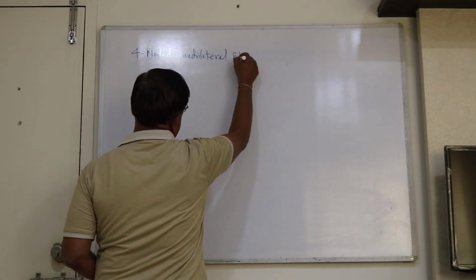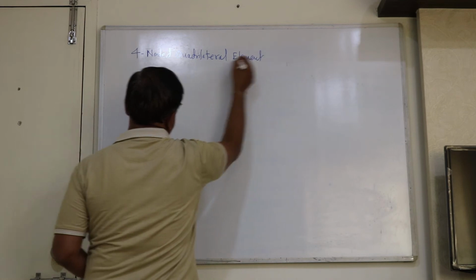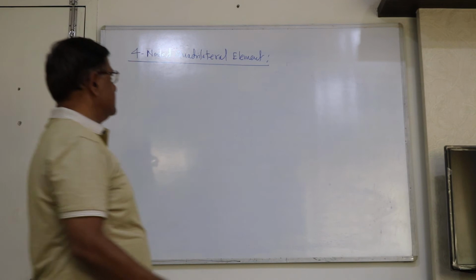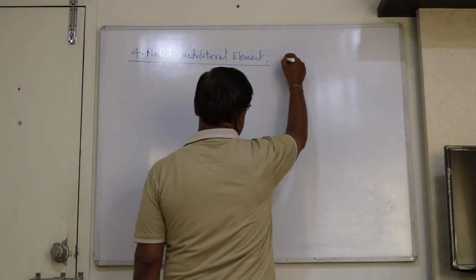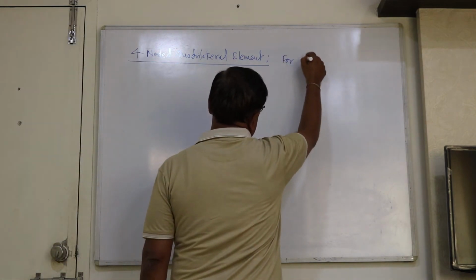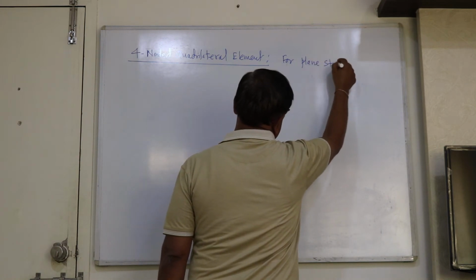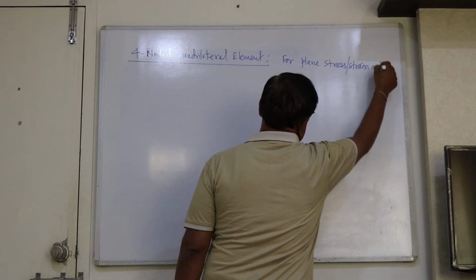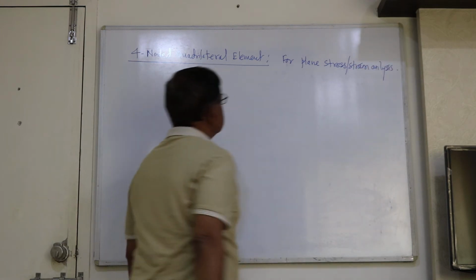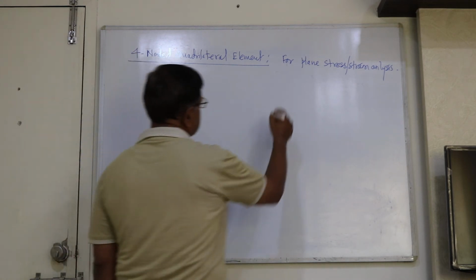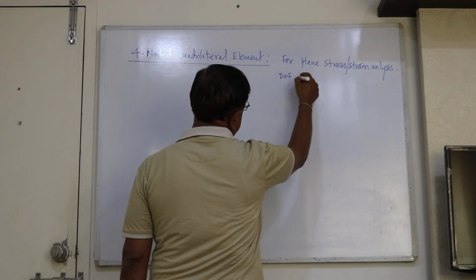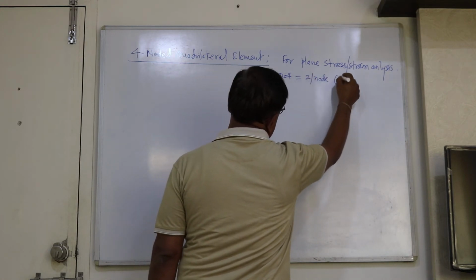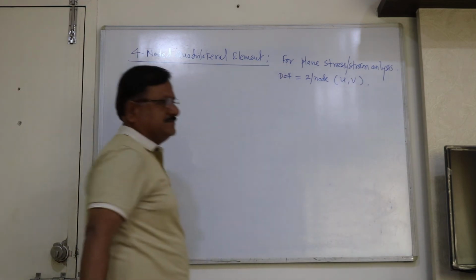The type of problem we are going to consider is plane stress or plane strain analysis. Since this is a 4-noded element, the degrees of freedom will be 2 per node, that is, u and v will be the degrees of freedom.